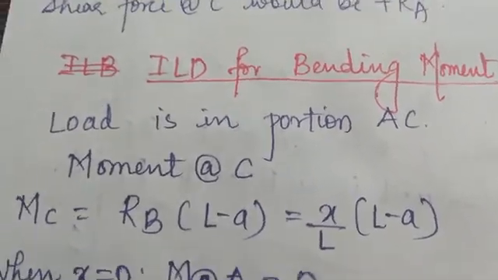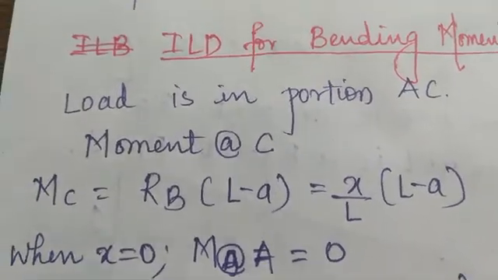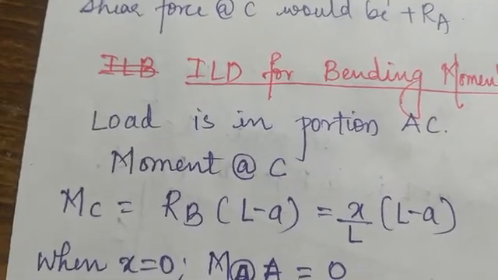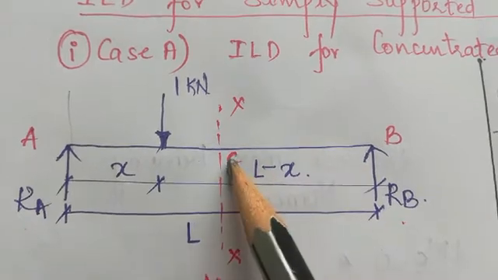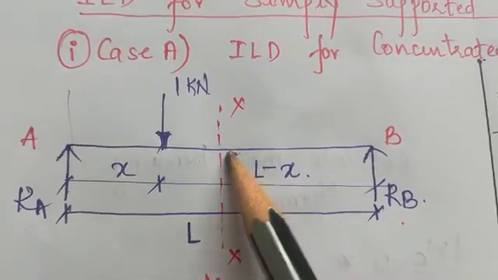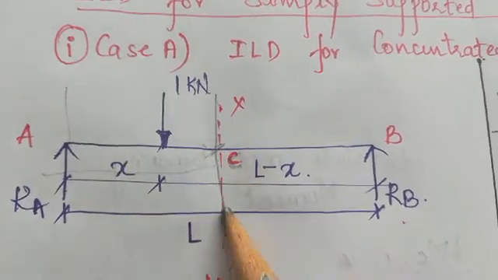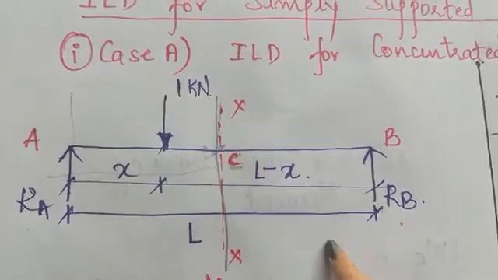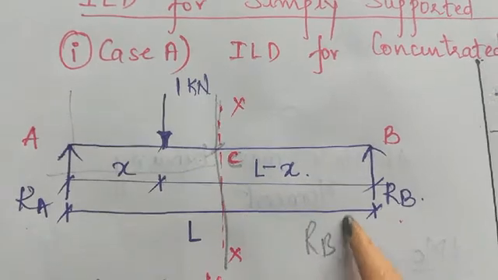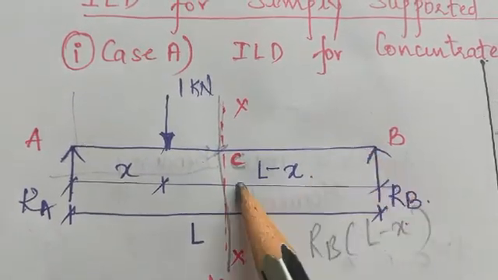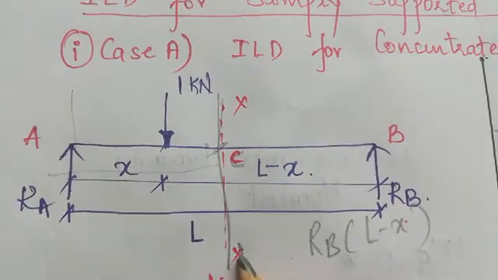When the load is in the AC section, moment at C will be equal to what? When the load is here, in the AC section, I want to calculate the moment at this point. So I will write RB into (L minus X), that is load into perpendicular distance.